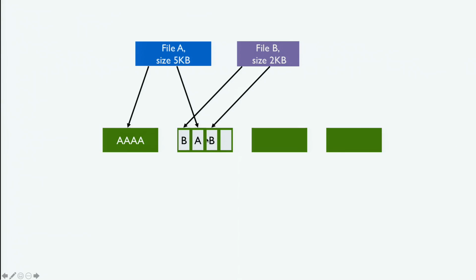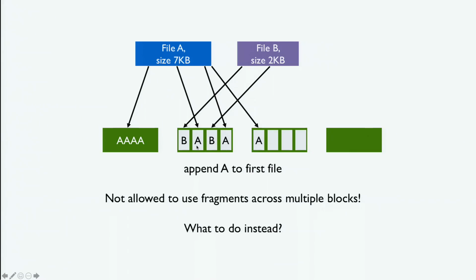But some of the allocations end up being a little tricky. So for example, if A grows, the rule is it's allowed to share this block with the others where it is, but you are not allowed to use multiple fragments across multiple blocks. Because if you allowed the system to do that, we would degenerate to exactly just, well, we might as well just have fragments and not have any notion of blocks at all.